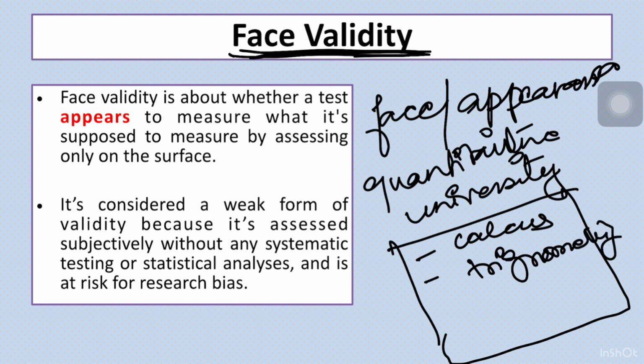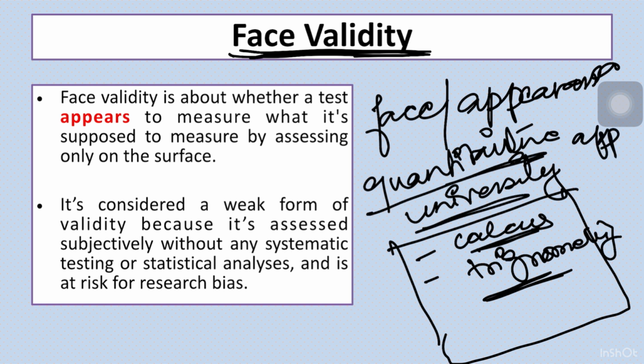So complex mathematical questions should be asked to the university students to compute their quantitative aptitude. Just by giving it a glance, if my questionnaire includes questions on, say, calculus and trigonometry, I can say yes, this test is valid to compute the quantitative aptitude of the university students.